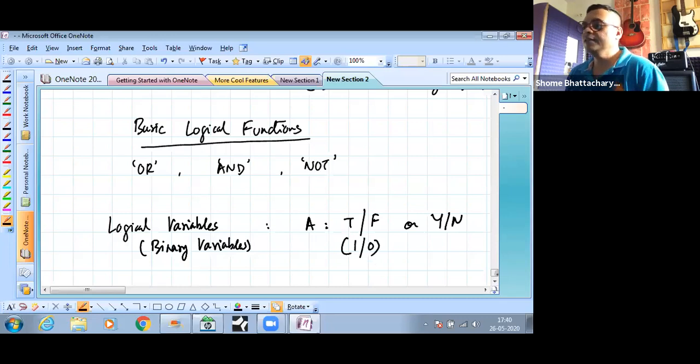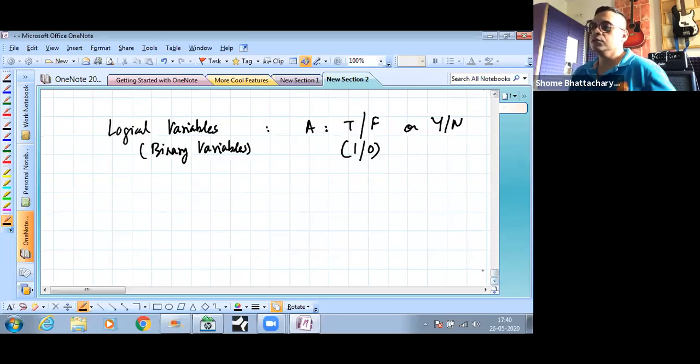So they have two particular values which in logical context can be thought of as true versus false, but in binary it can be thought of in terms of unity versus 0. Okay. So such types of variables are called logical variables, and any operations or any algebra involving logical or binary variables is called a logical function or a binary function.